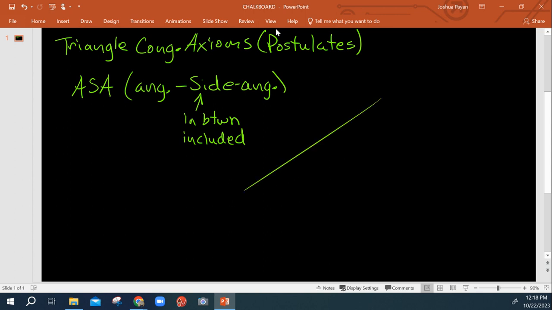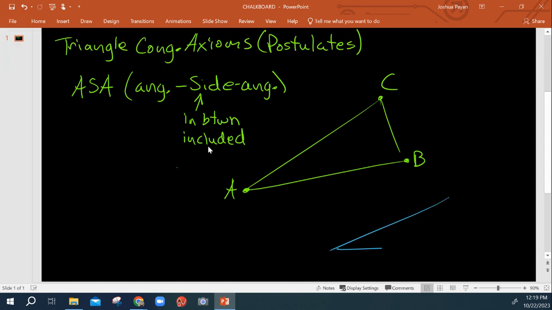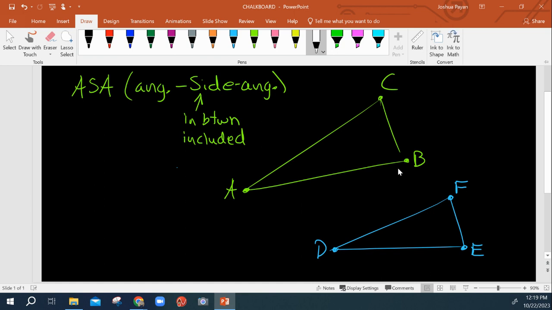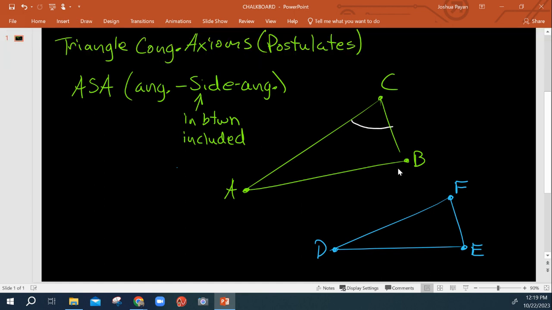Okay, and all that means, so let's say I have two triangles, right? Call this A, B, C. And let's say I have another one, and we'll call it D, E, F. And we see that this angle here and this angle here are congruent.